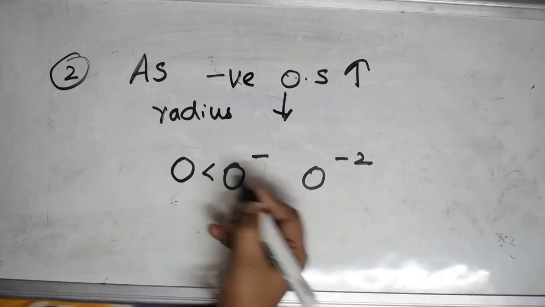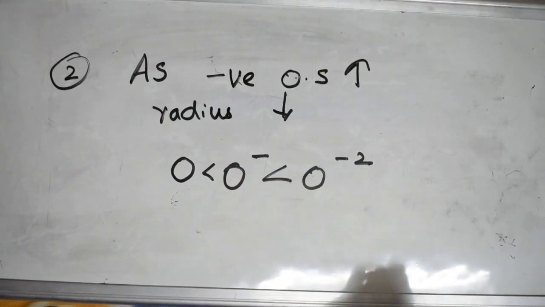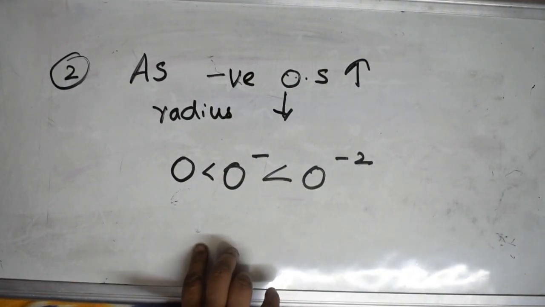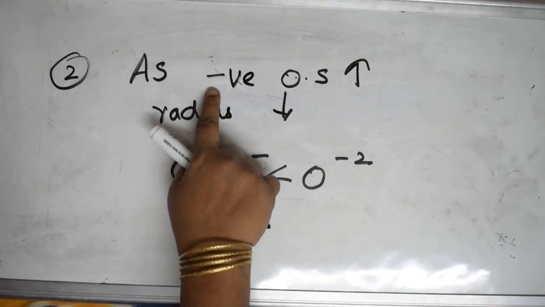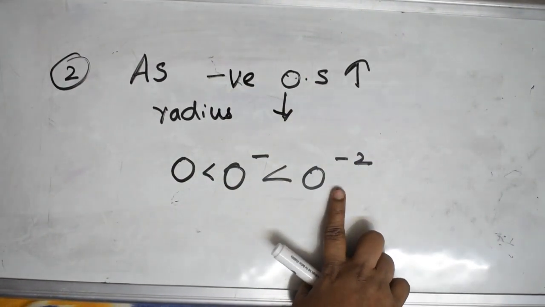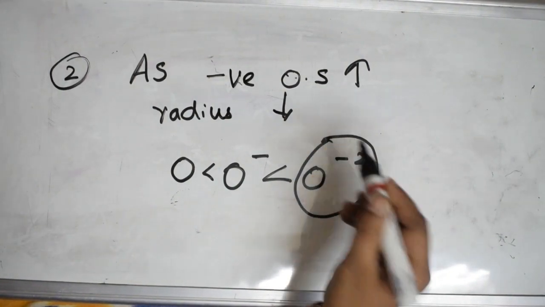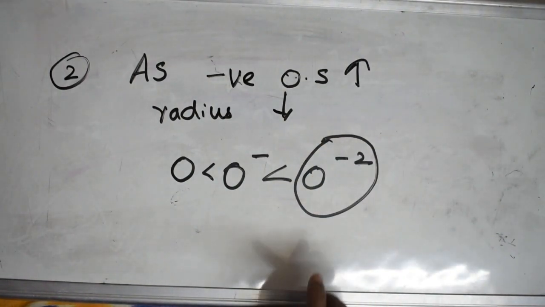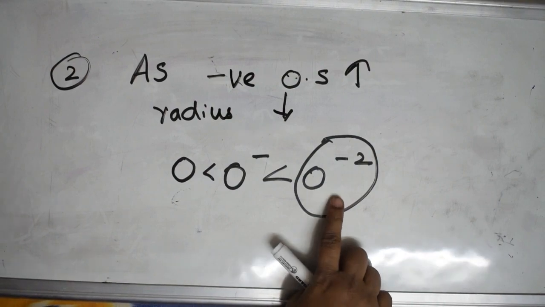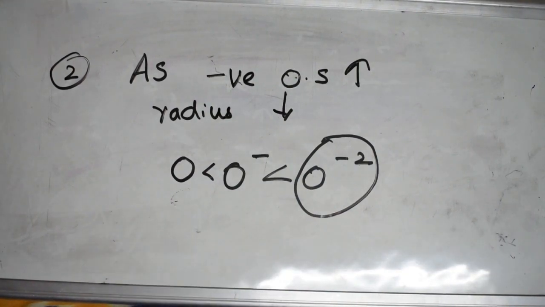O will be lesser than O minus, which will be lesser than O minus 2. What is the reason? Just now we have written: as negative oxidation state increases, the radius will be more for the higher negative values. For the negative oxidation state, whichever has more, radius will be more for that. So this is the second trick.